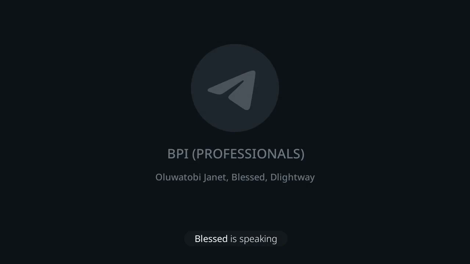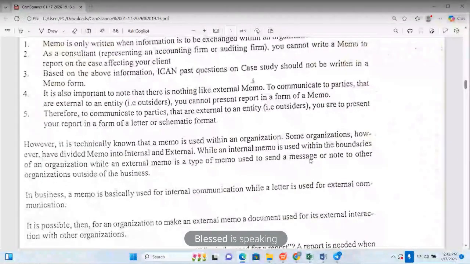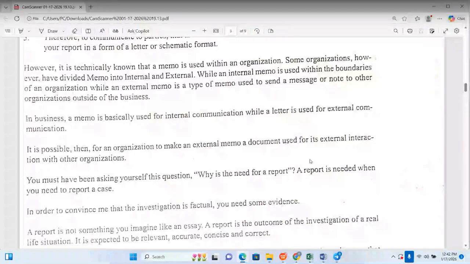In business, a memo is basically used for internal communication, while a letter is used for external communication. Do you see what they are trying to say now? Yes. So it is possible for an organization to make an external memo a document used for its external interaction with other organizations.